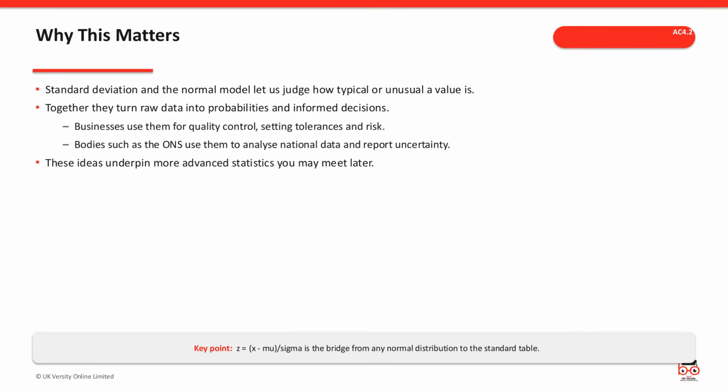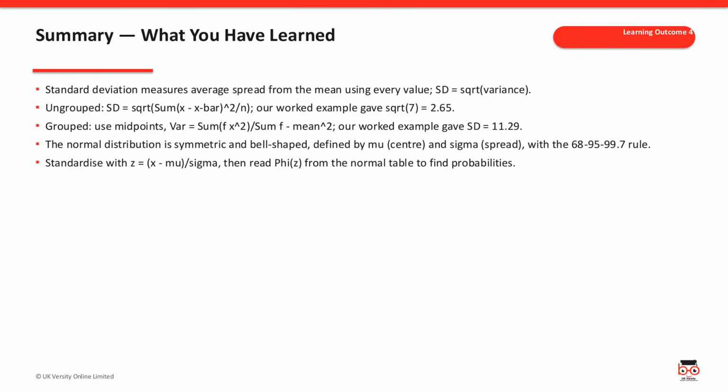And bodies like the Office for National Statistics use them to analyze national data and report the uncertainty around it. And the little formula z equals x minus mu over sigma is the bridge from any normal distribution to that one standard table. Let's tie the whole outcome together.